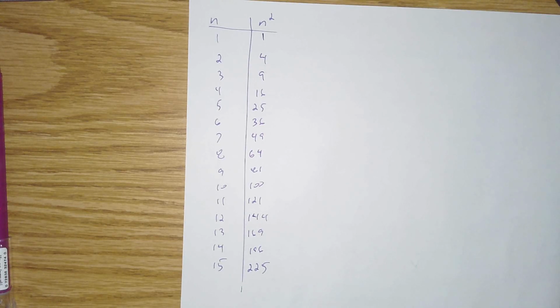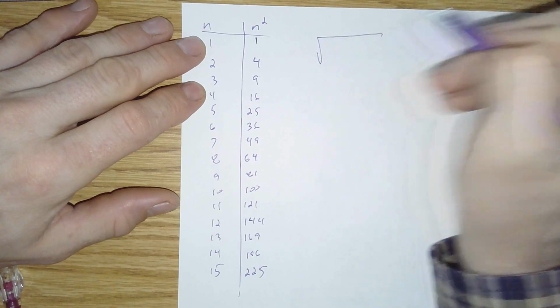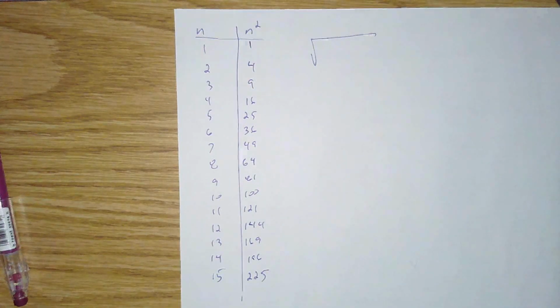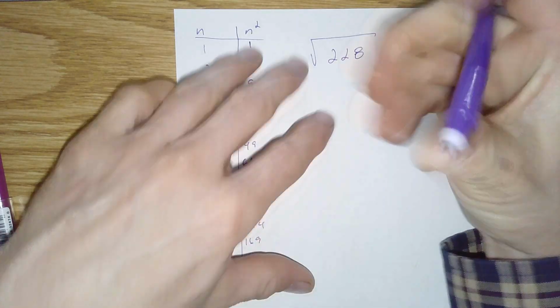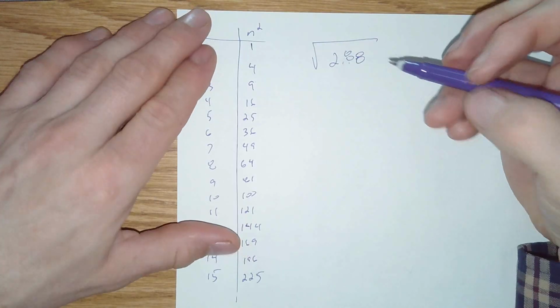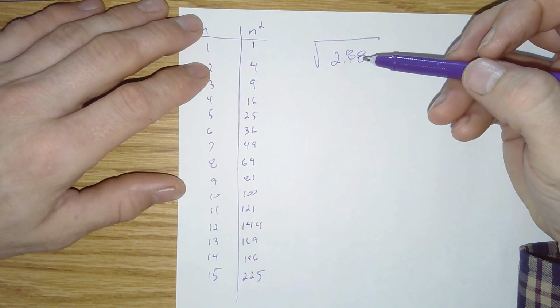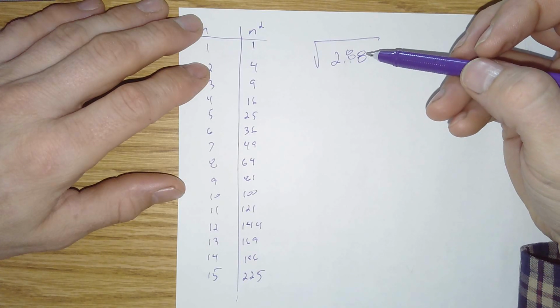And you do this because when you have a square root of something real big, say it's 288, you know that this is not a prime number because it's even, so you can break this down some more.